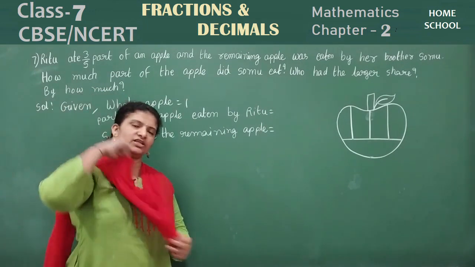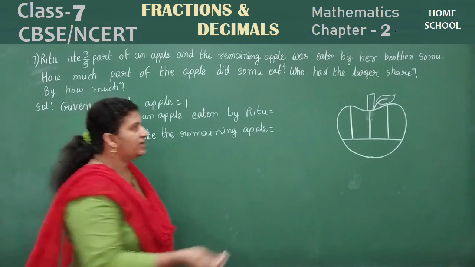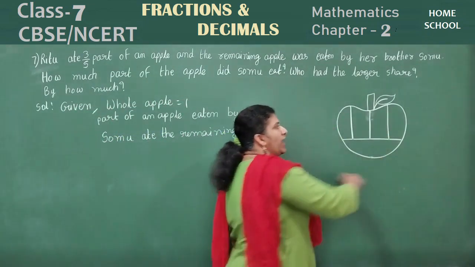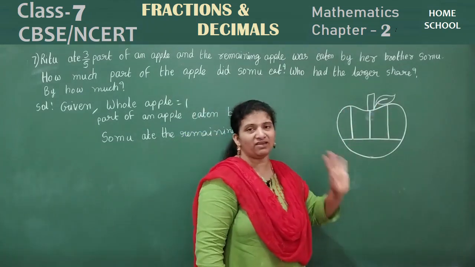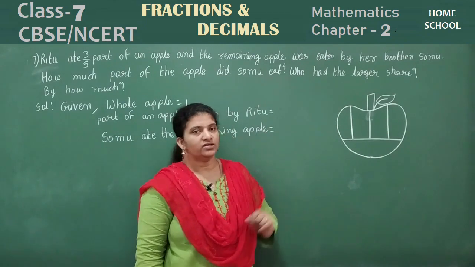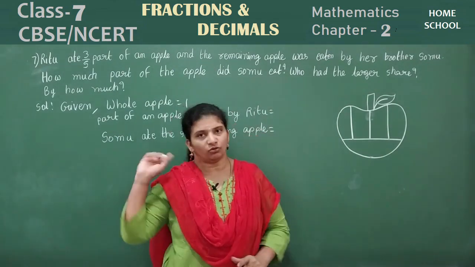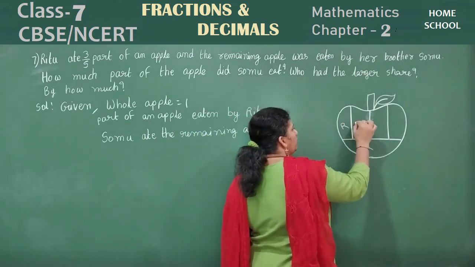So observe here children, by seeing the apple you can say this answer. What is that? So the apple is made into how many pieces here? It is a whole apple, right? One apple. That is 5 by 5, it will be 1. So 3/5 part of the apple, who ate here? Ritu ate, right? So let me write here 1, 2, 3.